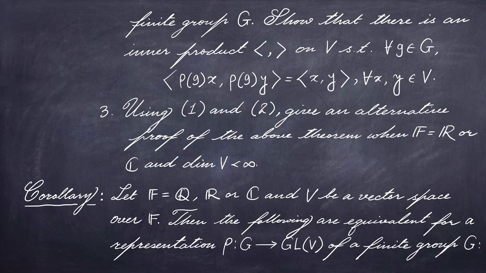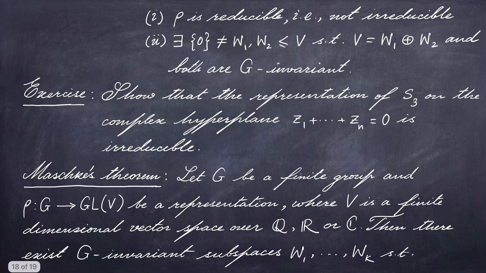One immediate corollary of the theorem is as follows: the following are equivalent for a representation of a finite group. Rho is reducible, that is, not irreducible, that is, there is a proper non-trivial invariant subspace.